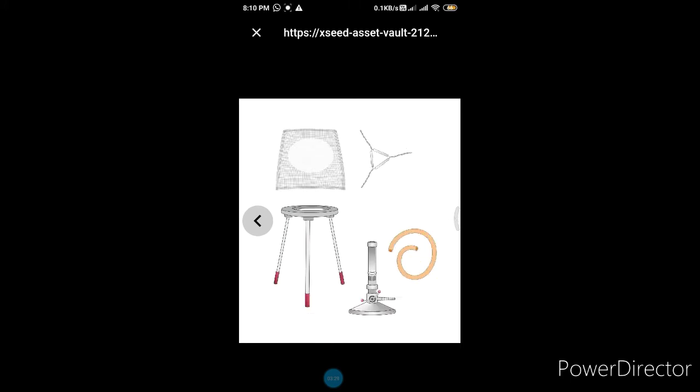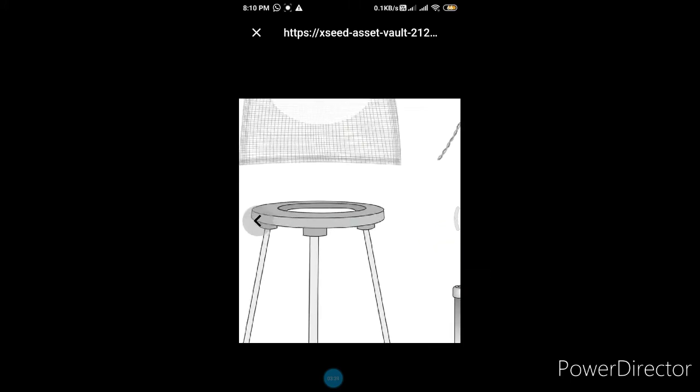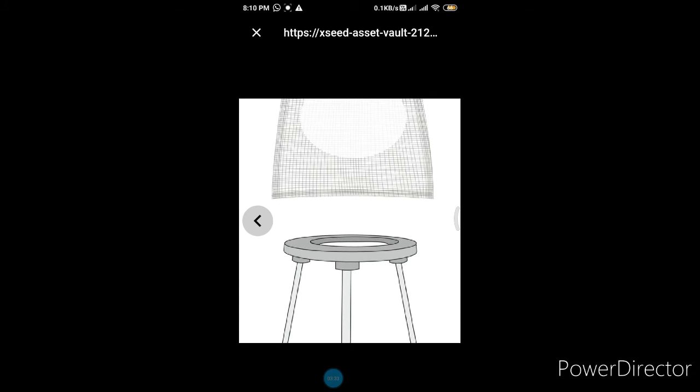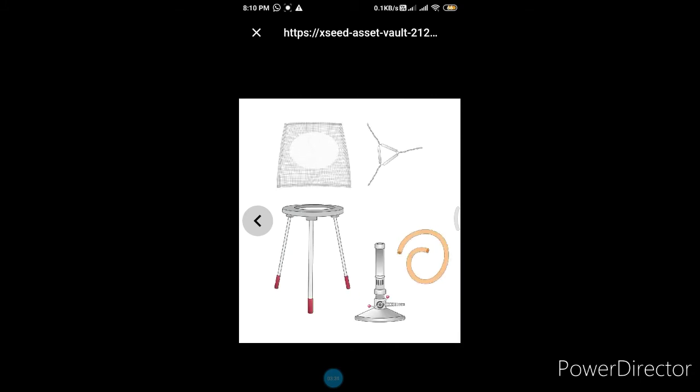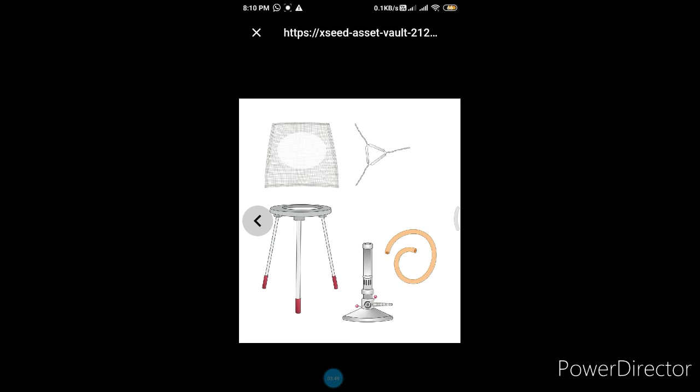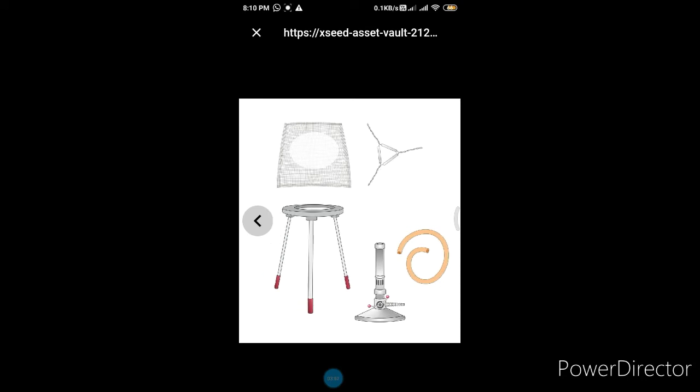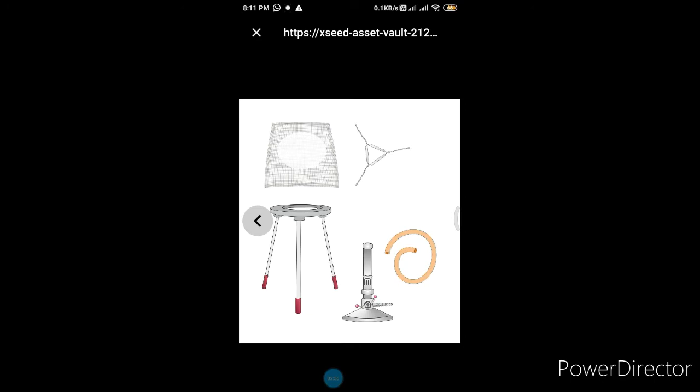We will do it practically in our lab, and now you go through all these materials needed to do the activity that proves that leaves contain starch. So Bunsen burner, tripod stand, wire gauze, these are all the materials we need. After choosing these materials, we will do the activity now.